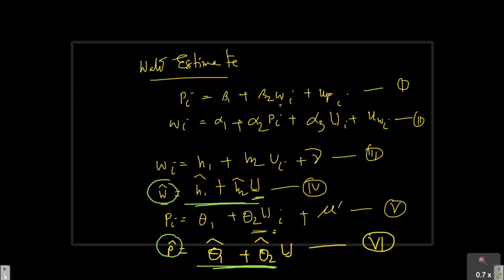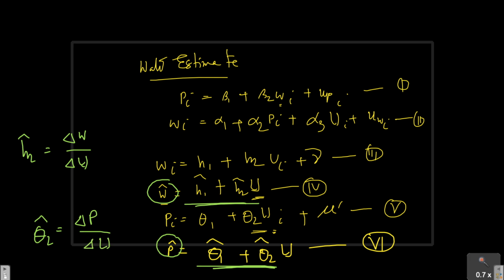So essentially, what do H2 hat and theta 2 hat say? H2 hat says basically the change in the unemployment rate and its impact on the wage rate. So I can write delta wage by delta unemployment. Whereas my theta 2 hat is saying the change in the price rate with the change in the unemployment rate.